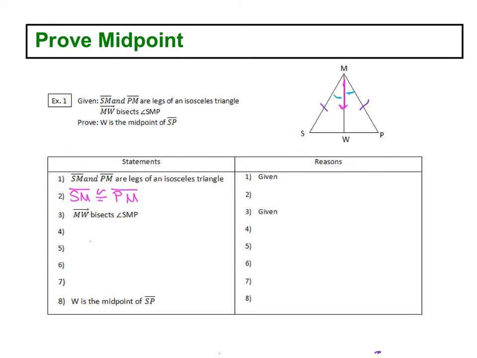And just make sure that you are writing these congruency statements in the proper order. Otherwise, it'd be incorrect if we wrote MP instead of PM. Alright, how did we know that those would be congruent? We knew that because of our definition of an isosceles triangle.